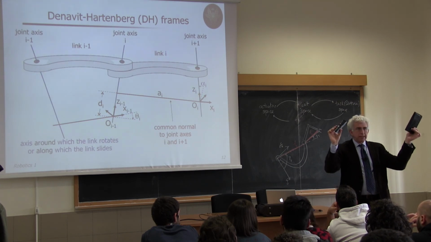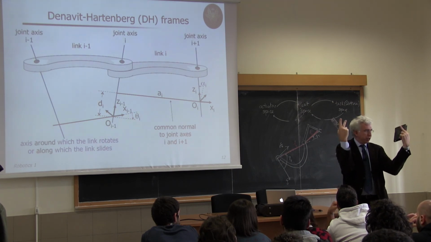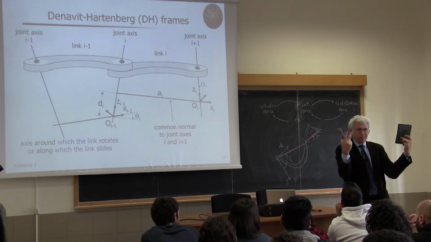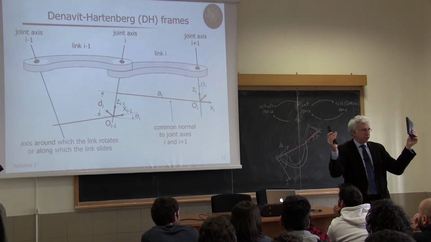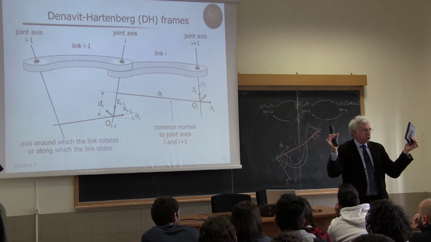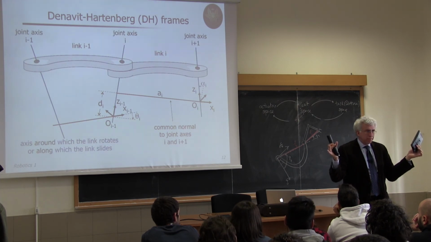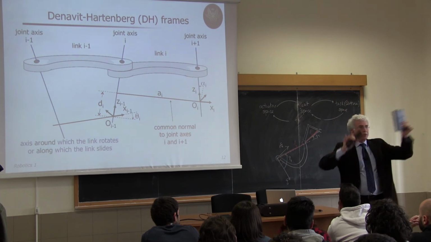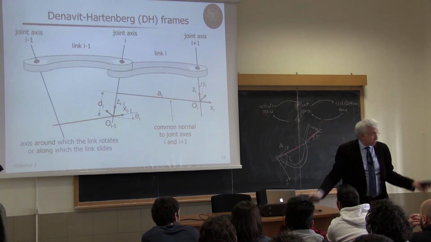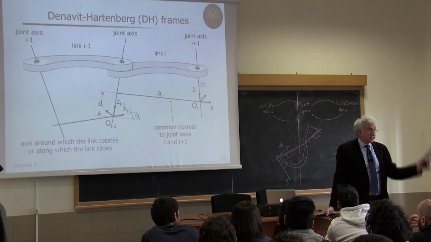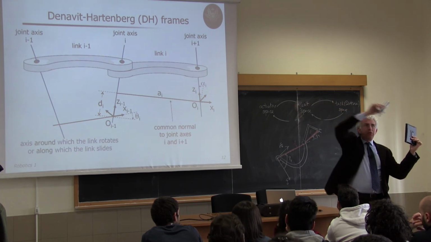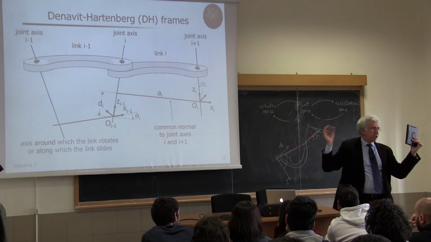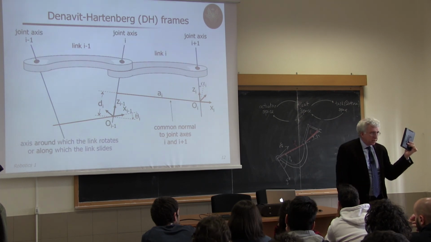So it's the relative position and orientation of two frames. If these are free to move arbitrarily, I need 6 parameters. Because this can be taken as the reference frame, and then I have an object which is moving in 3D and changing orientation. I need 6 parameters.